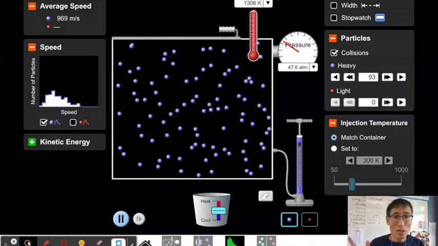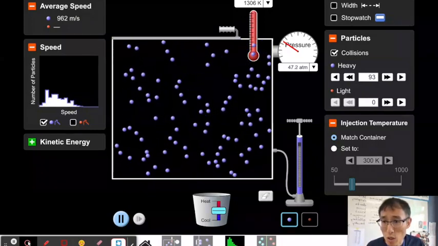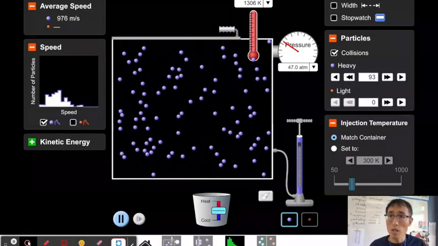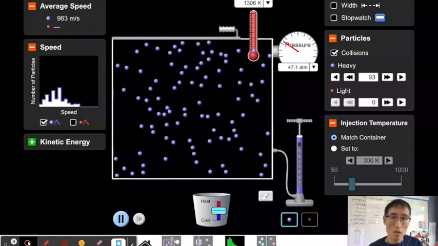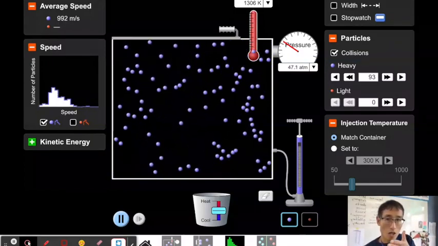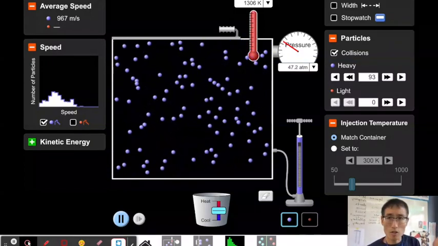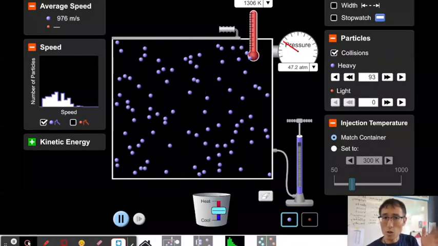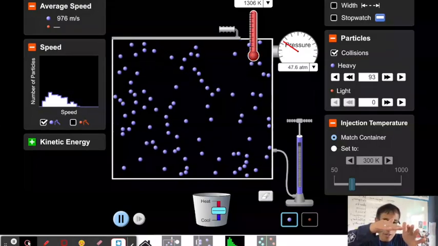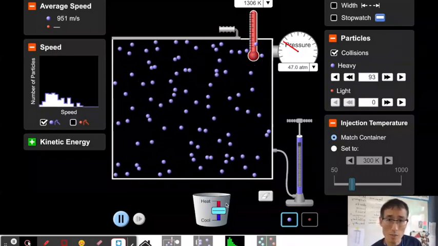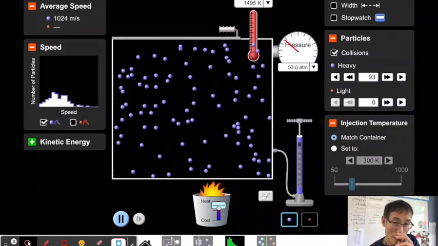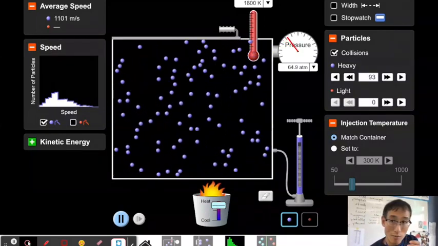That is called, I'll write it down for you, the Maxwell-Boltzmann distribution. It describes the distribution of particles as I cool them down or heat them up. And as you keep heating up, it keeps spreading out. So I keep heating this up, and you can see how it keeps spreading out.